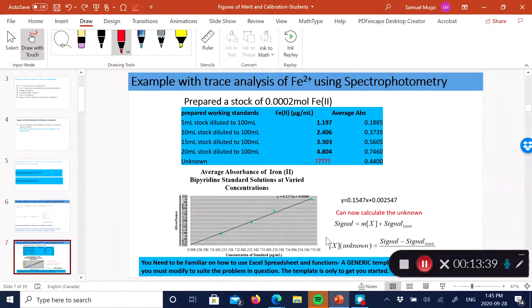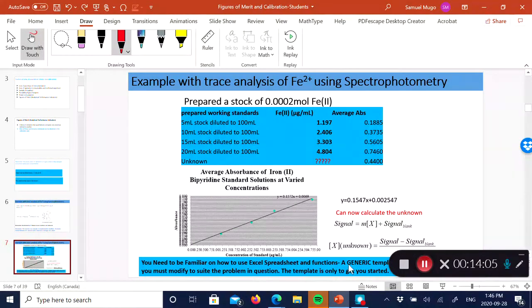You plot the calibration using your calibration standards. So these ones are known, so the concentration, you plot it in the x-axis, and the signal, you plot it in the y-axis. Now you generate the regression model, which you can easily do using the Excel spreadsheet. And I'd like you guys to familiarize yourself with the functions in an Excel spreadsheet.